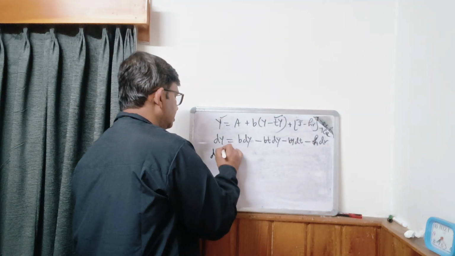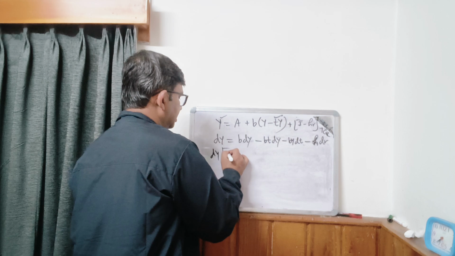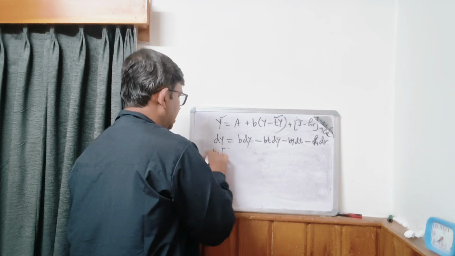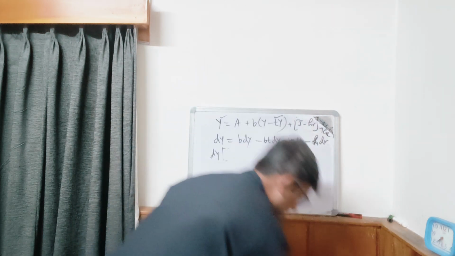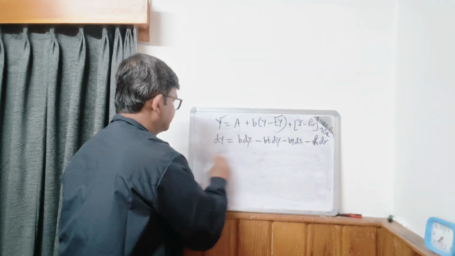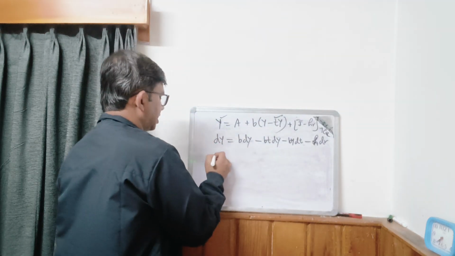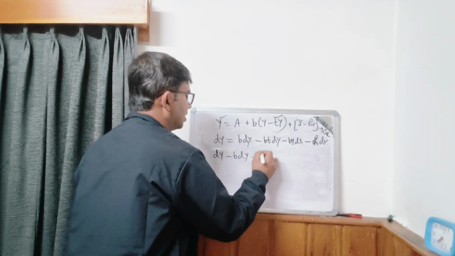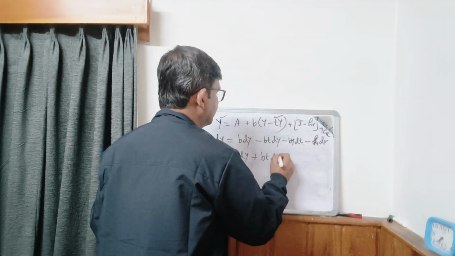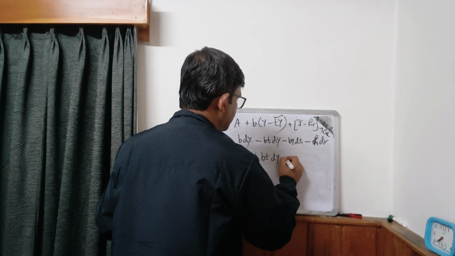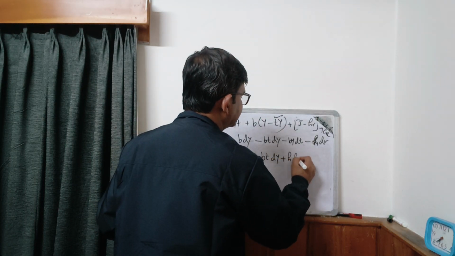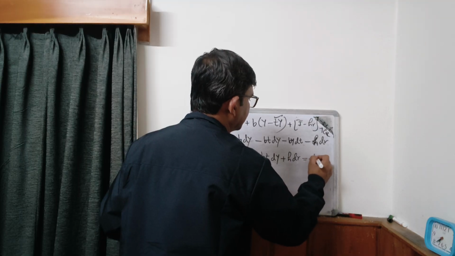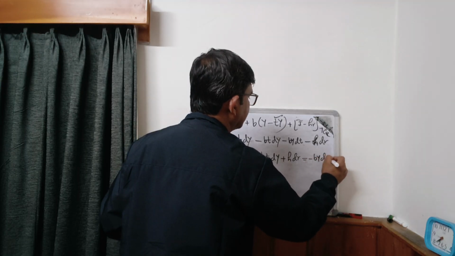So dy, we can write here whenever we take it to the left hand side, we can write dy minus b dy plus bt dy plus h dr equals to minus y dt.